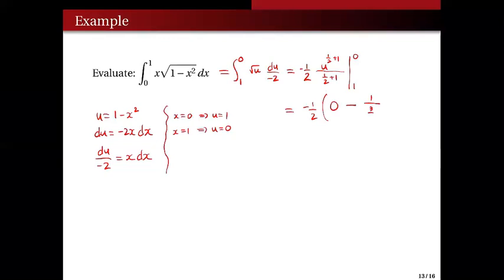So 3 over 2. So if we simplify this, we distribute this negative 1 half, negative here, it becomes plus. The 2 here will cancel the denominator of the denominator here. So we'll just get 1/3. So this is the final answer.